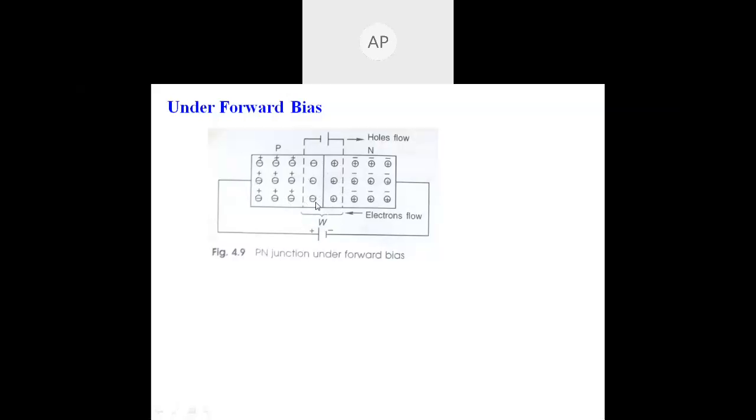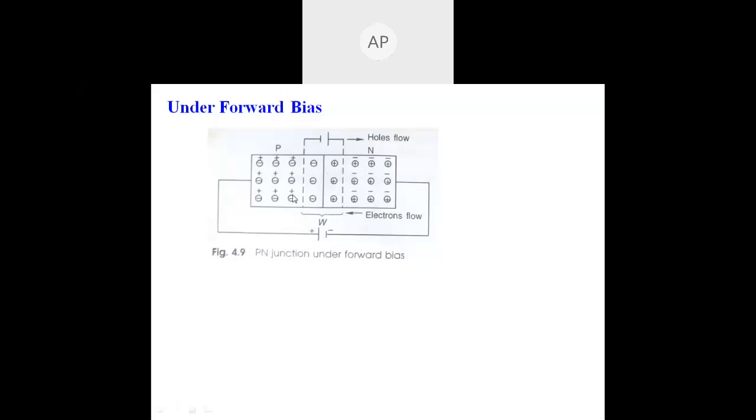So we can say that for the forward bias configuration, the depletion width, which was quite wide, is reduced.